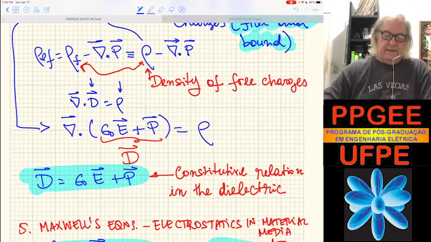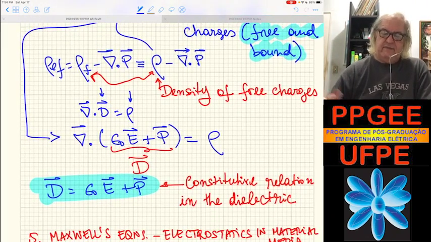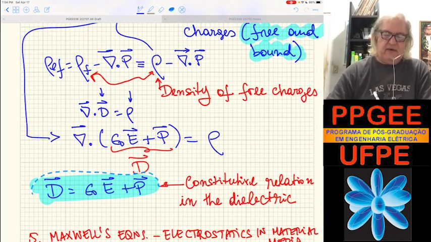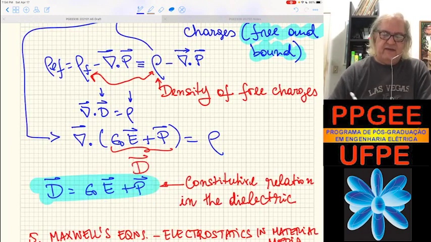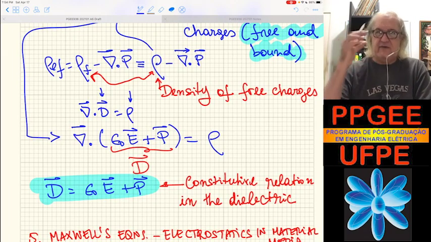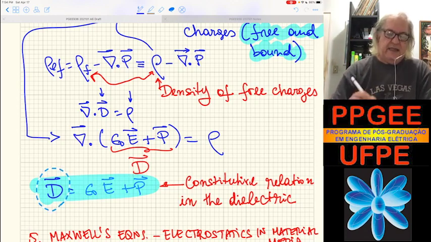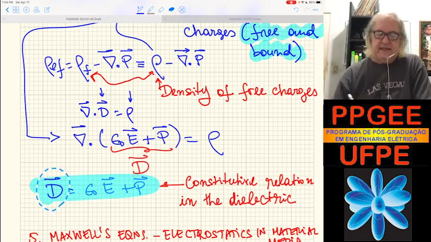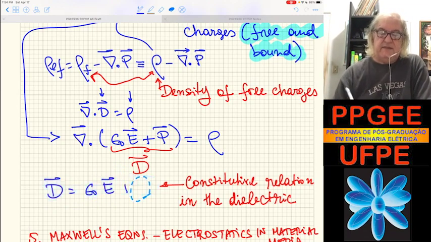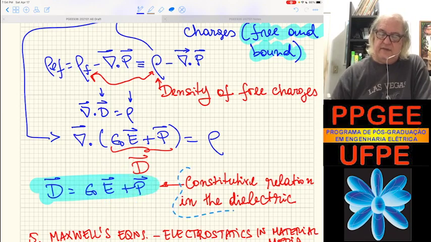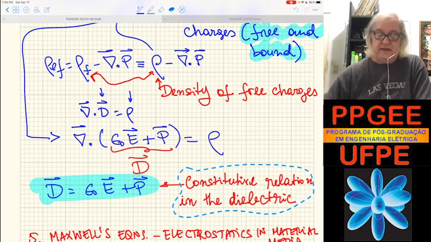This is called the constitutive relationship involving the vectors: D, electric flux density, E, electric field, and P, polarization. That's why it's called the constitutive relation in the dielectric, in the insulating material, right?